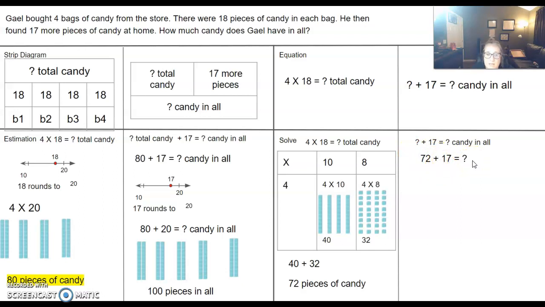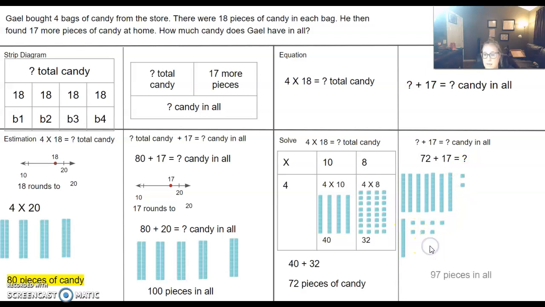72 plus 17 equals question mark. Again, I'm going to use base 10 blocks. I like base 10 blocks. So 72: 10, 20, 30, 40, 50, 60, 70, 1, 2. Plus 17: 10, 1, 11, 12, 13, 14, 15, 16, 17. And if I add all those together, I get my answer. So let's see. 10, 20, 30, 40, 50, 60, 70, 80, 81, 82, 83, 84, 85, 86, 87, 88, 89.